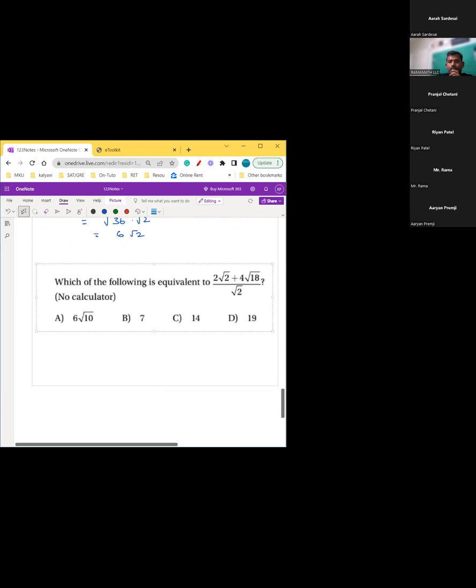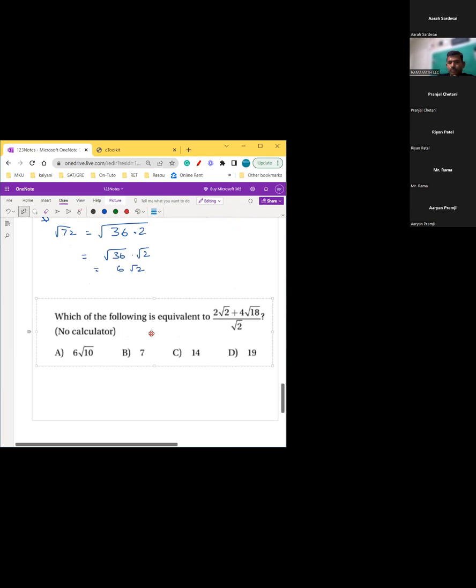Okay. All right, let's just go ahead and try this one. What do you guys think? I'll explain this one because I want you to struggle first in case you don't know. But if you know it, that's as good. It's a no calculator question.